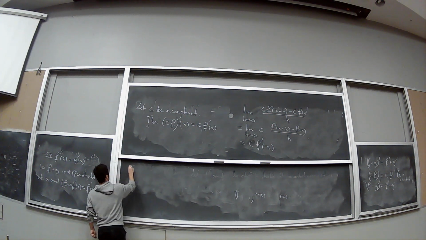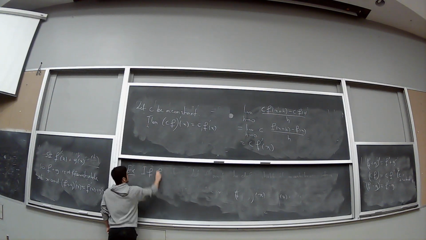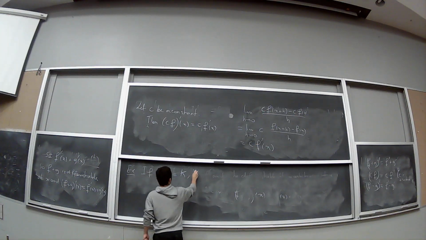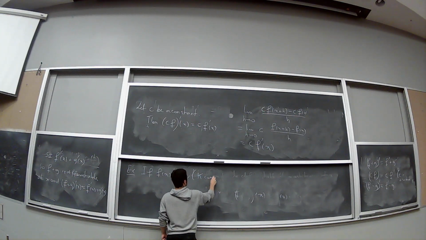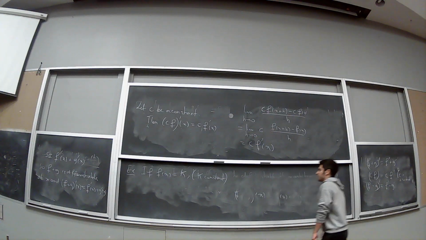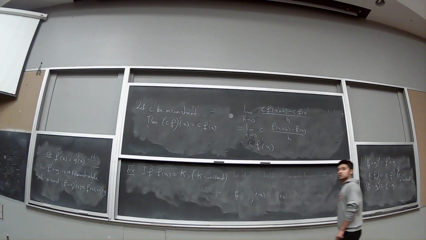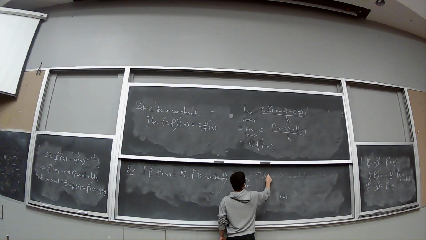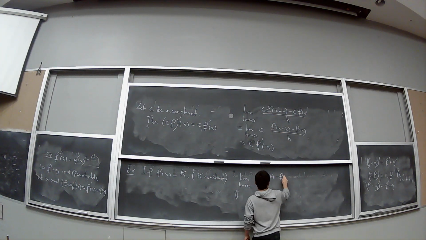Of course, if f of x is constant, k is a constant. What is f prime of x here for any x? F prime of x can just be the limit as h goes to 0 of f of x plus h minus f of x over h.